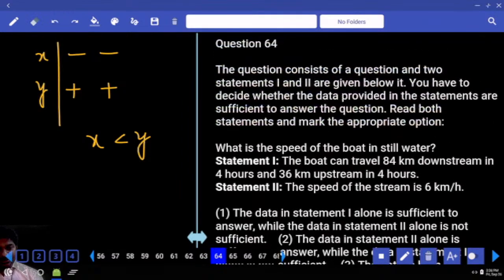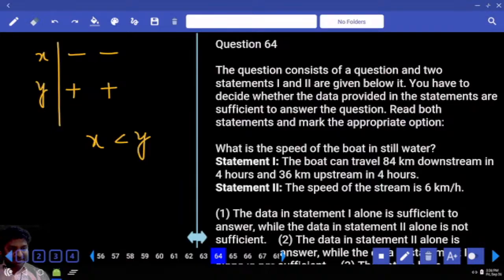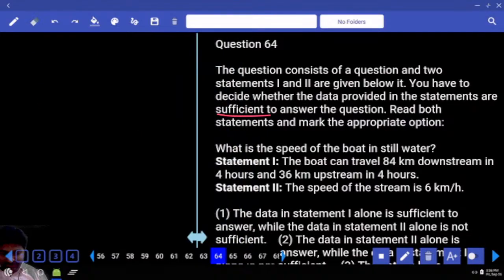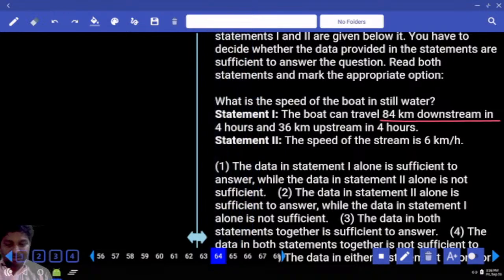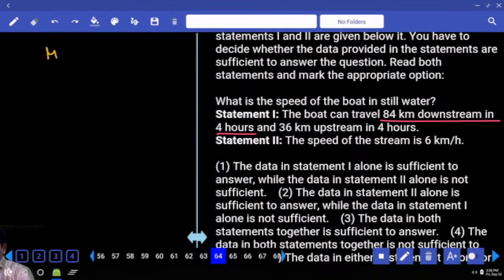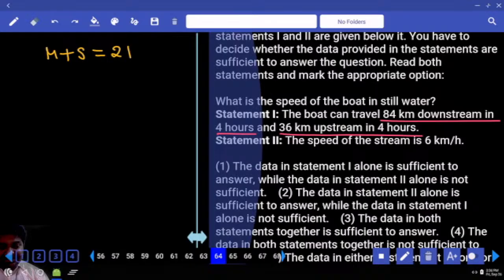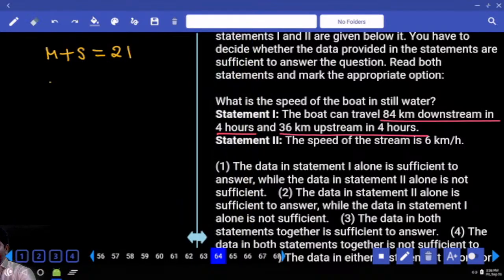DS, data sufficiency only. What is the speed of the boat in still water? M is equal to how much? A boat can travel 84 kilometers downstream in 4 hours. Downstream speed is equal to 84 by 4, which is 21. 36 kilometers upstream in 4 hours.